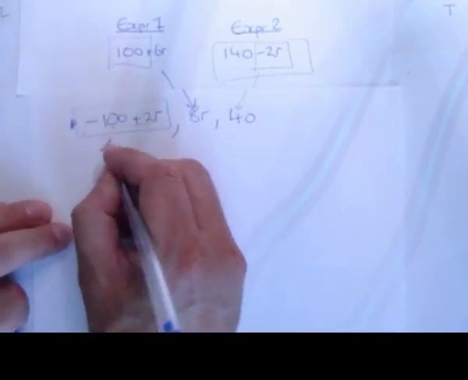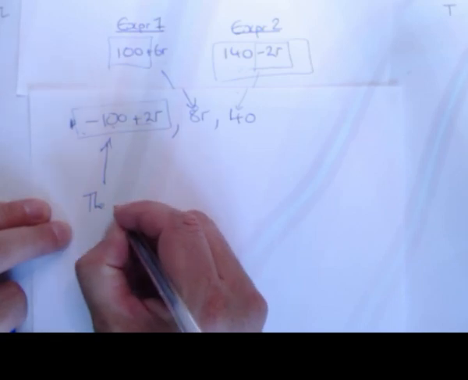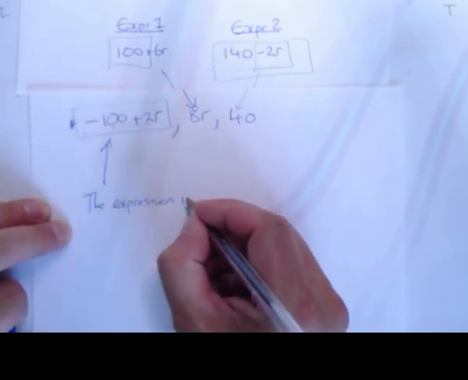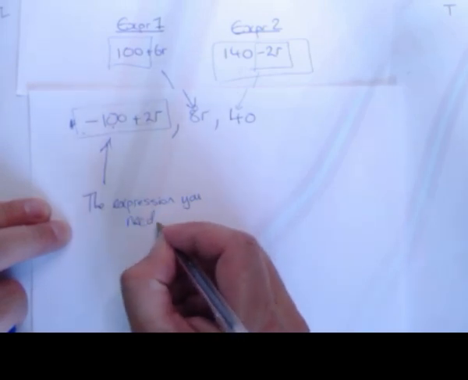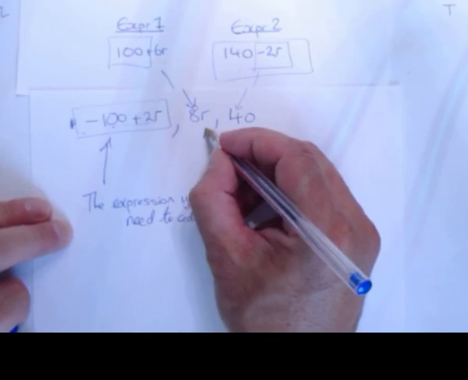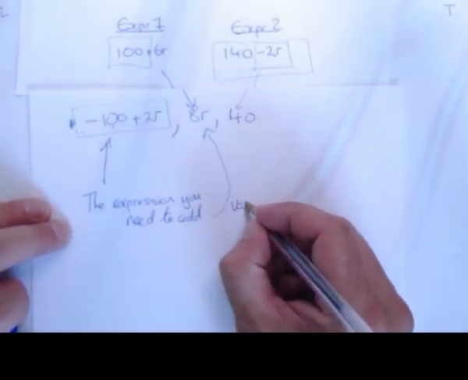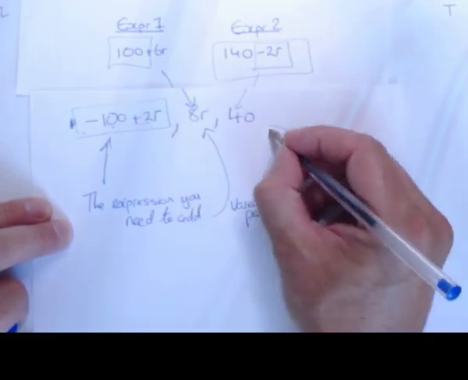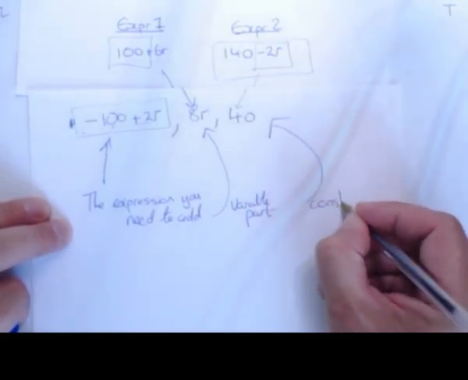And you give your answer as, the first thing is the expression you think that you need to add, the result, the variable part, and the result, just the constant part.